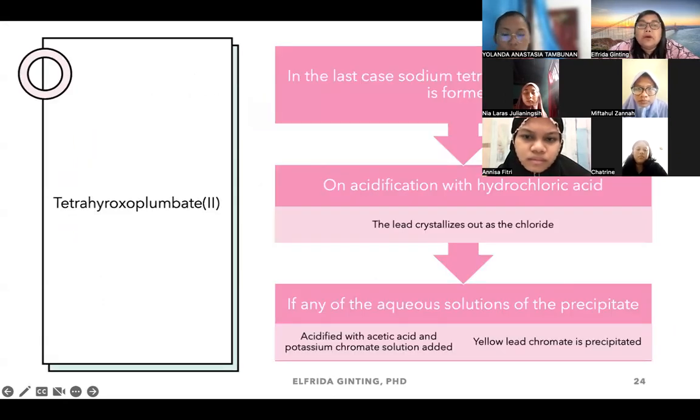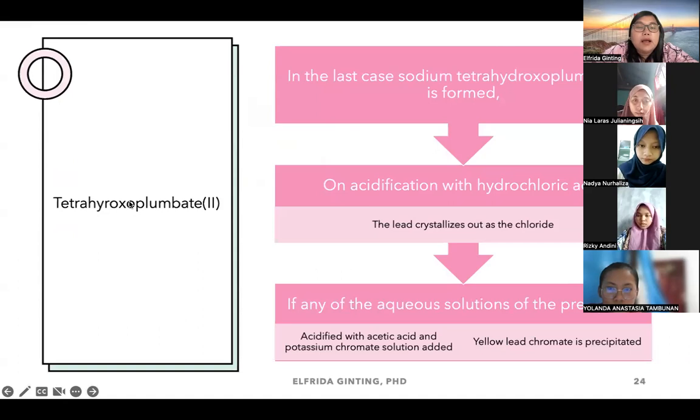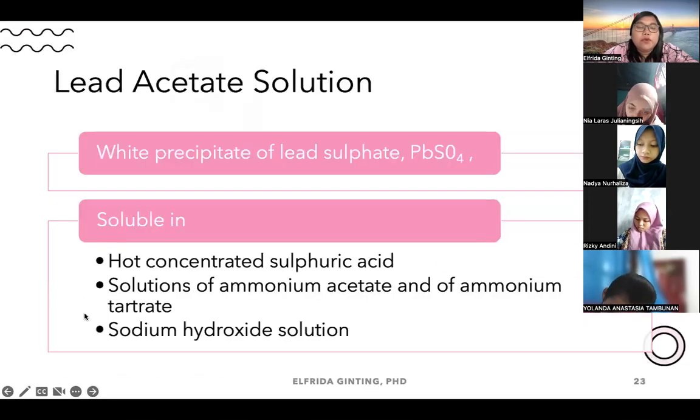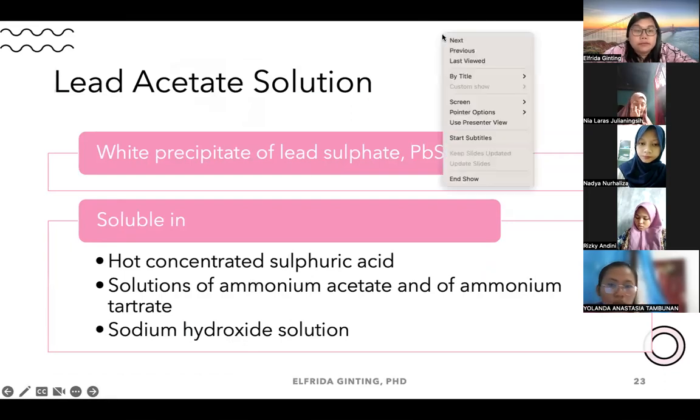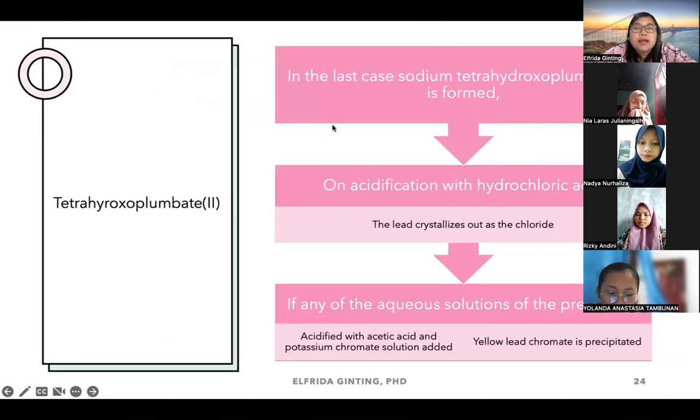Now, how about tetrahydroxoplumbate? Tetrahydroxoplumbate can be formed if you mix lead sulfate with sodium hydroxide solution, and it will form sodium tetrahydroxoplumbate.